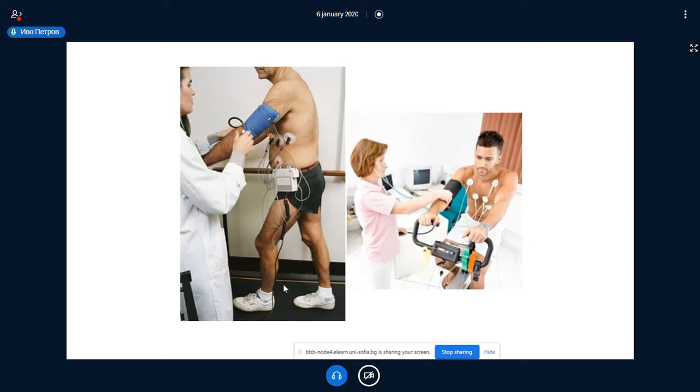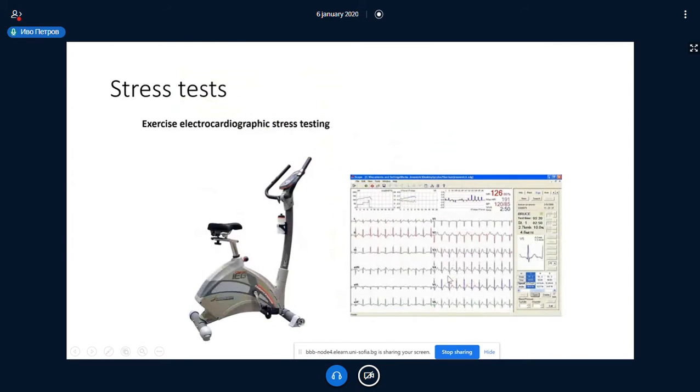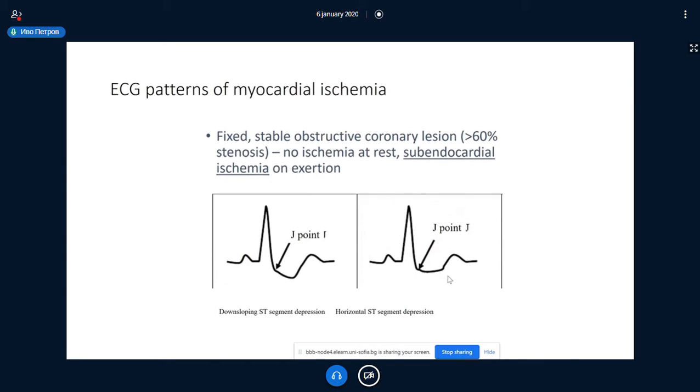This is more or less several pictures about stress testing. You see here the electrodes, and this is the veloergometer. Of course, the exercise can be with a veloergometer or treadmill in order to take a look at the ECG. A very important detail: we are measuring the depression or the elevation of the ST segment from the J point.